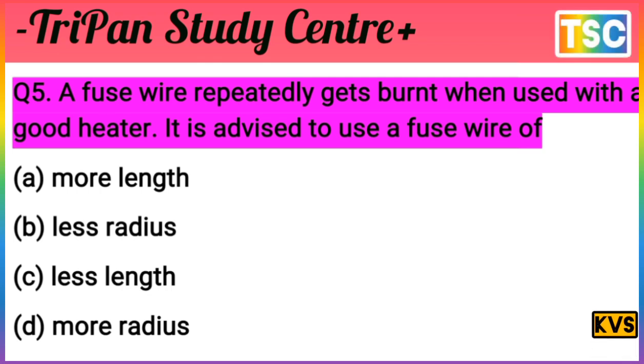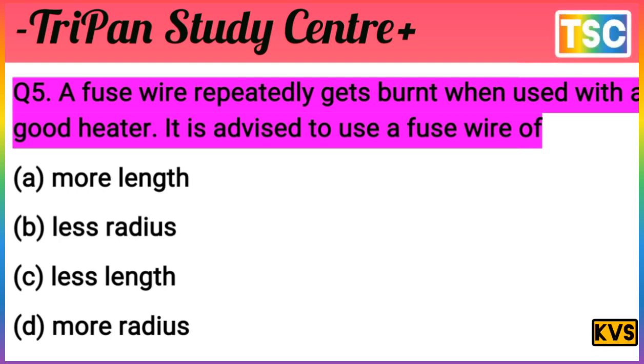Because of more radius, it does not burn easily. Radius is important for a fuse. With a heater, a thin fuse burns immediately, but with more radius it does not burn suddenly. That's important for the exam view of this question.